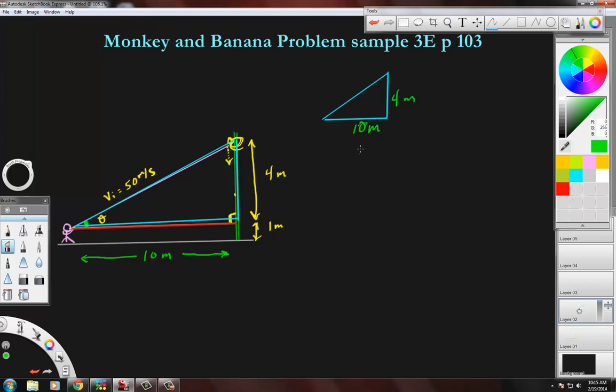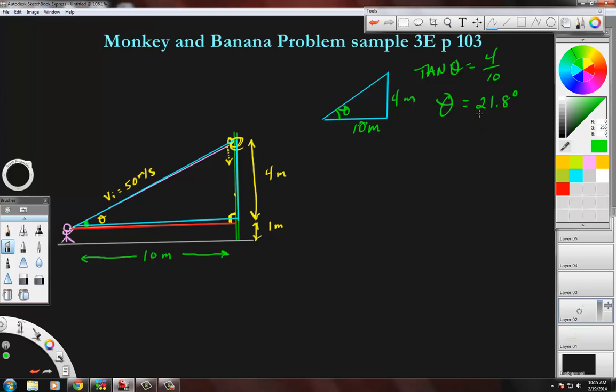To find that would be tangent. So we could say the tangent of angle theta is 4/10. And so theta equals the inverse tangent of 4 divided by 10, which is around 21.8 degrees.